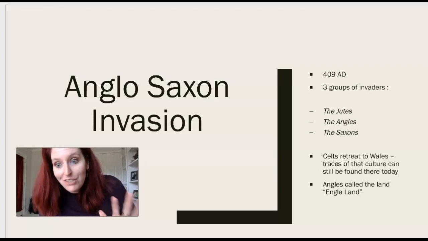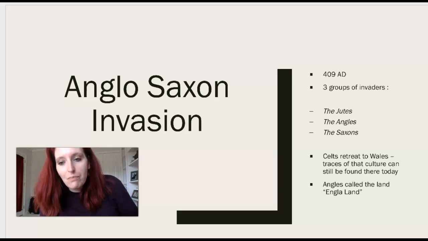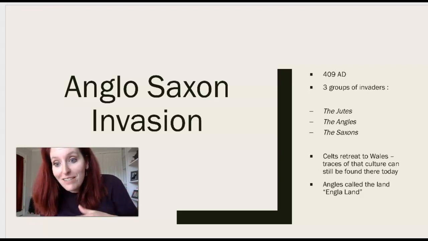It takes a number of years for them to really sink their teeth into England. But the Celts retreat to Wales, and traces of that culture can still be found today. The Angles called the land England, which is where we have our modern day term for England. And the Romans, before I forget, called Britain Britannia.